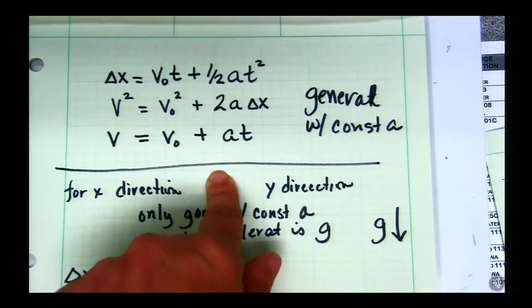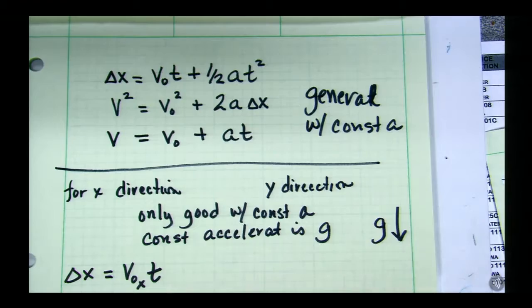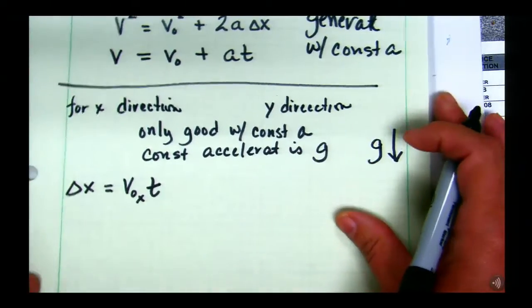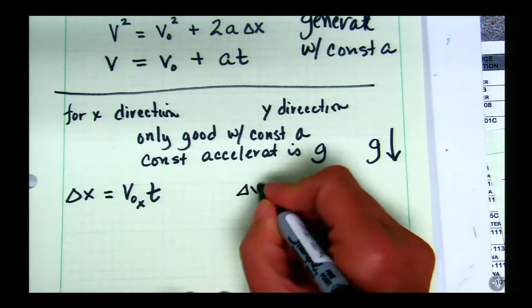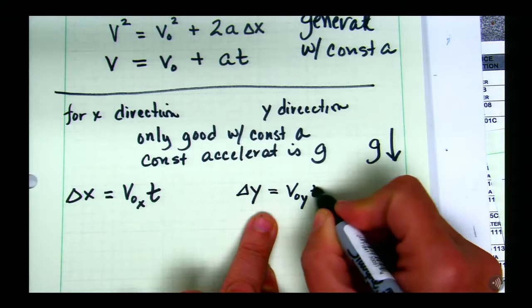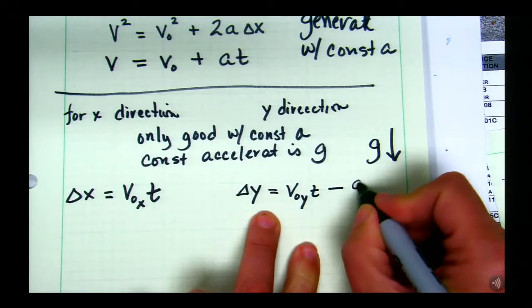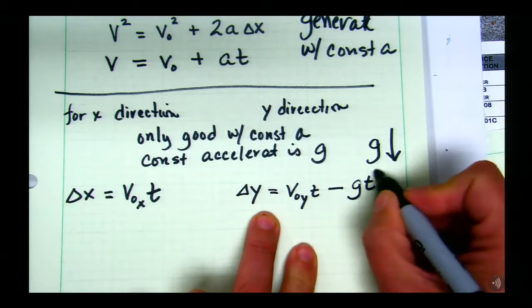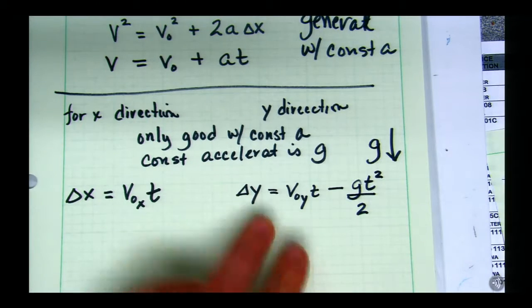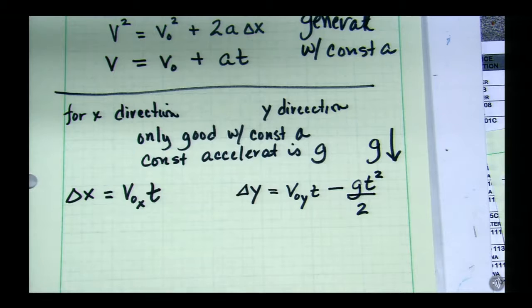But what happens in the y direction is a little different. My change in y is going to equal my initial velocity in the y direction times time minus one half g t squared, because my acceleration due to gravity is in the negative direction, so I have to worry about that negative sign.